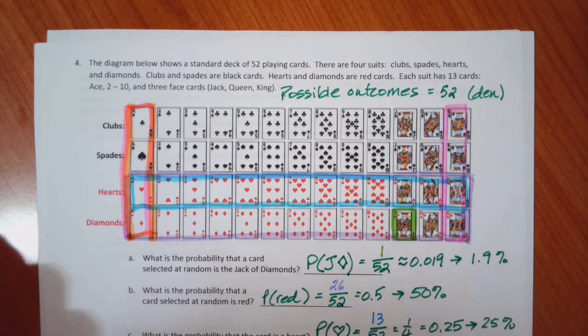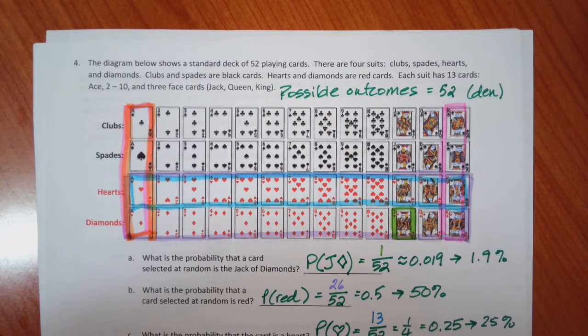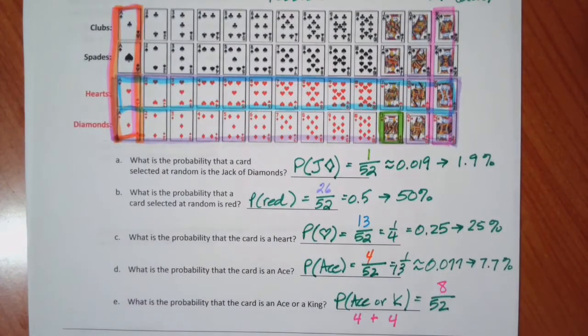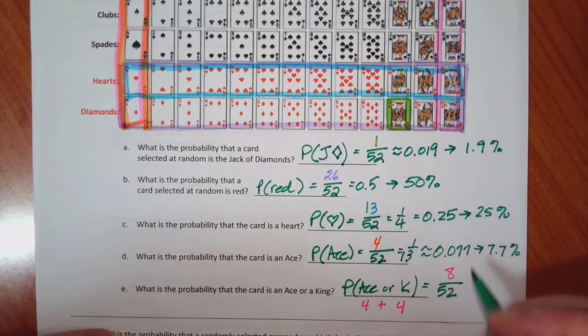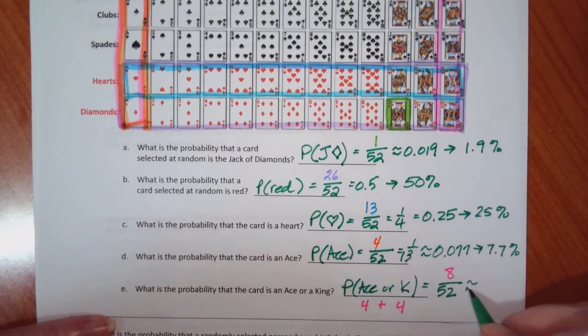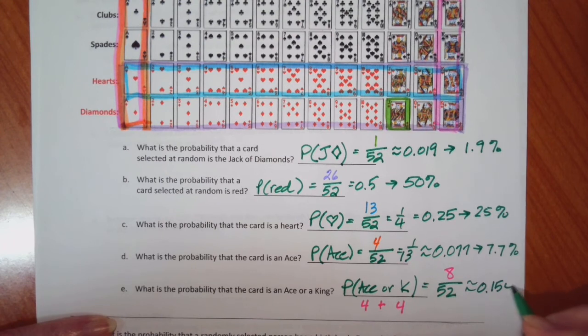There are 4 kings. So that becomes 8 out of 50. Whoops, I'm sorry. 8 out of 52. Which is approximately 0.154, which becomes 15.4%.